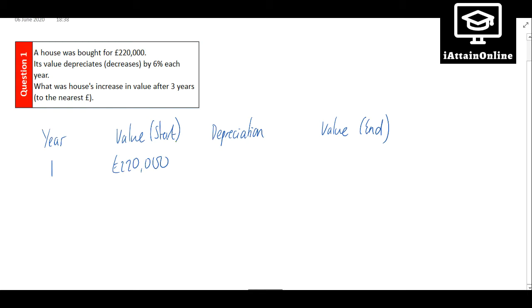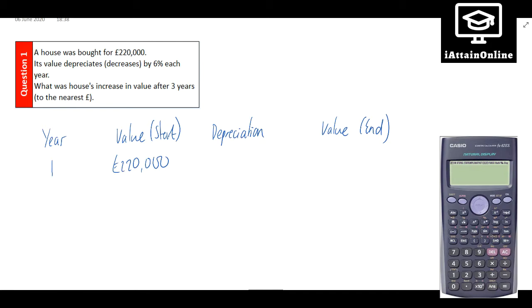Okay, so we're going to do £220,000 and we're going to find 6% of that. If I did 220,000 divided by 100 to find 1%, times that by 6 to find 6%, then that's going to be 13,200.